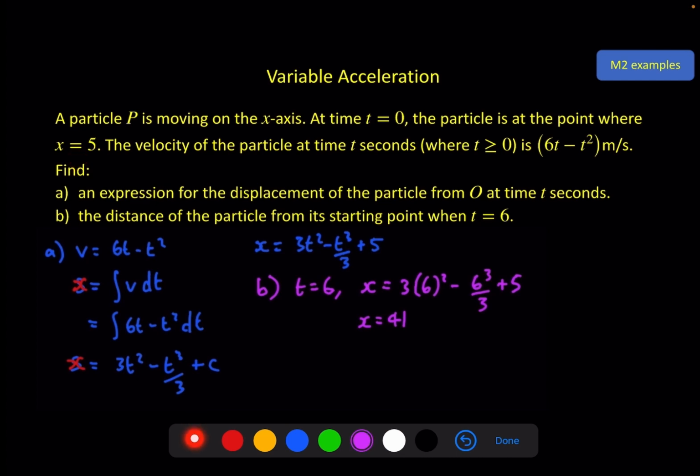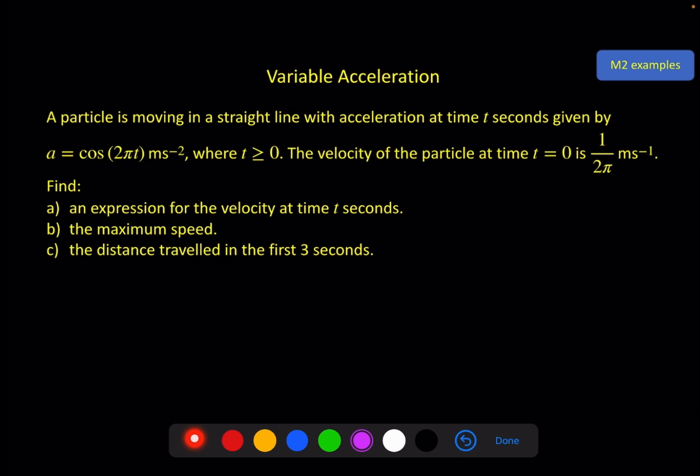So we actually need to do one more step: 41, the point where it is at t equals 6, minus 5, the point where it is at t equals 0, to give us the distance from its starting point as 36 meters.